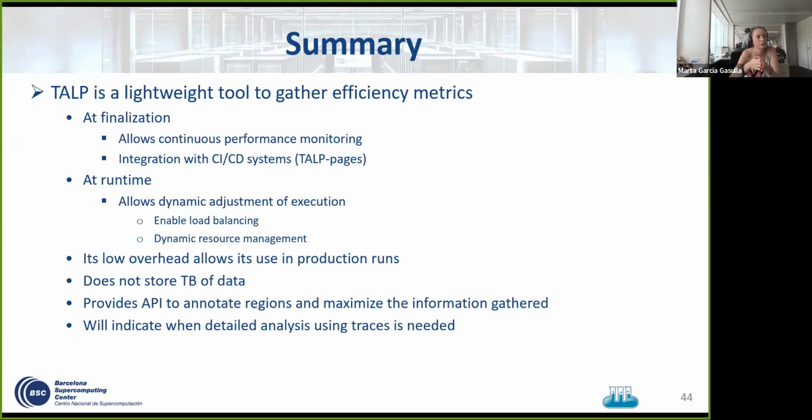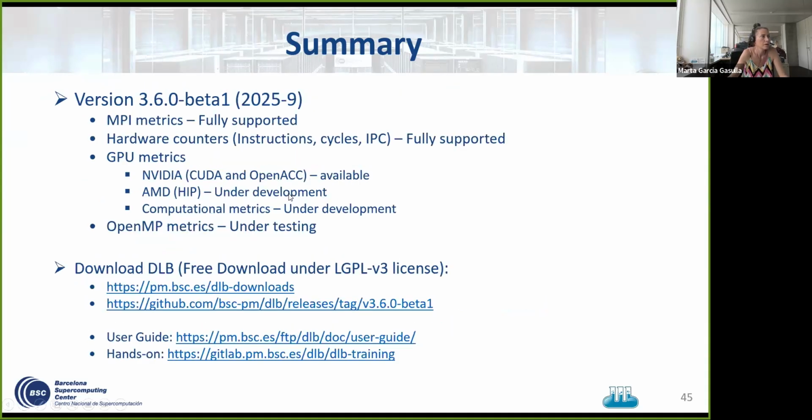And we also provide an API to annotate regions, that helps you to understand which part of the code is losing efficiency. And the idea is to use all this information that we gather from TALP to decide when we need to do one step further and do a detailed analysis, because this is just giving us some metrics or indications. At the end, it might need a detailed analysis using traces.